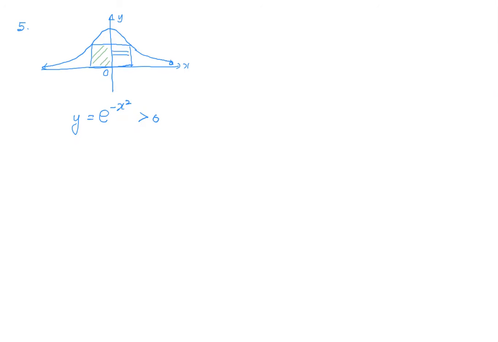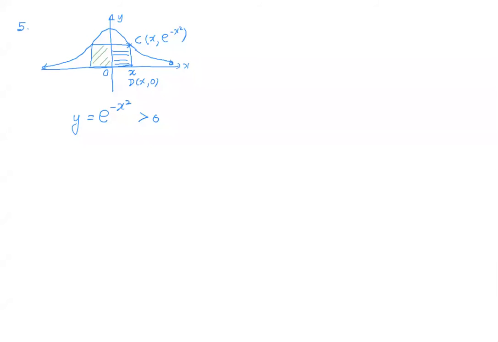So if I let this point be x, so the coordinate of this point C, so my point D is x, 0. So my point C will be x, e to the power negative x squared.